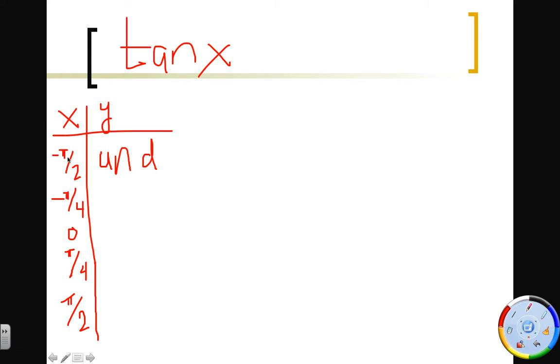If we get an x value that makes an undefined y value, this should make us think asymptote. Tangent of negative pi fourths, the 45-degree angle in quadrant 4, is negative 1. Tangent of 0 is 0. Tangent of pi fourths is 1. And tangent of pi halves is undefined.